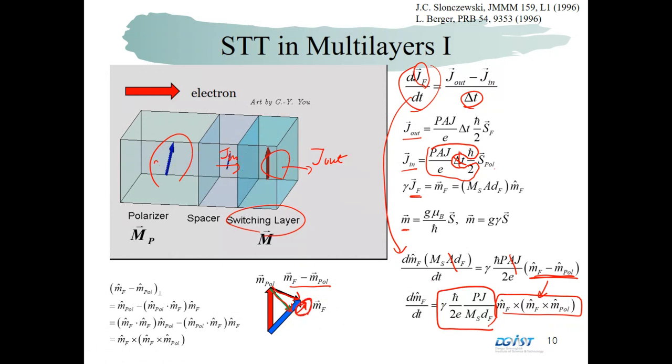The component parallel to Mf has no effect on Mf, because for a parallel torque in a cross product, there is no effect. So we can ignore this part and calculate only this part.